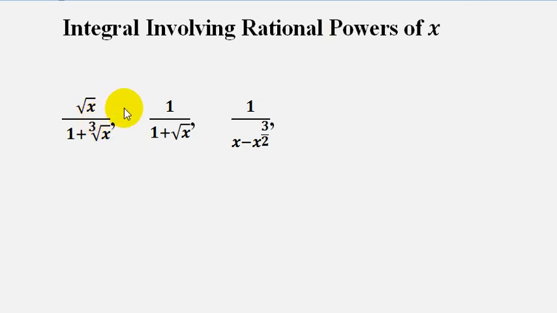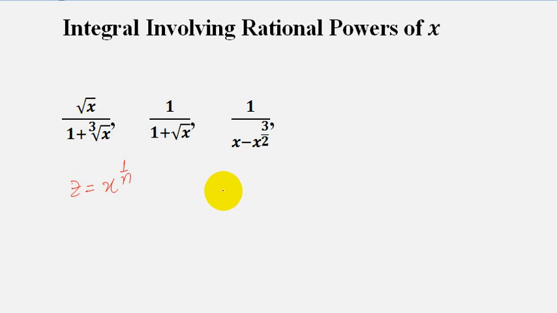In this video lecture we are going to learn how to integrate functions involving irrational powers of x. Here are few examples of the functions involving irrational powers of x. In order to integrate such a function, we use the substitution z equal to x raised power 1 upon n.